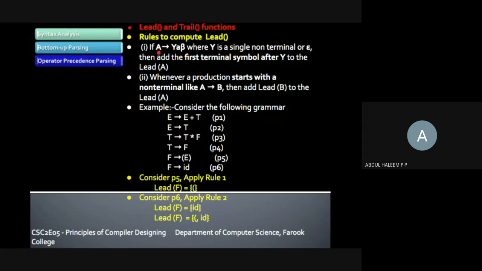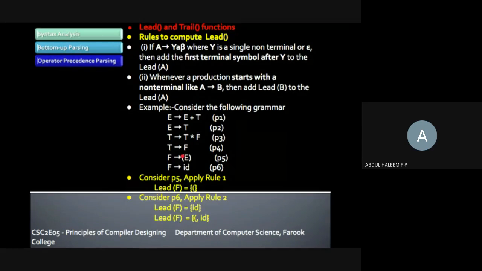What is rule number 1? If A derives Y a beta, where Y is a single non-terminal or Y is epsilon. So we see that there is an invisible Y here. Y is epsilon. Then after Y, there should be a. What is a? A is a terminal.